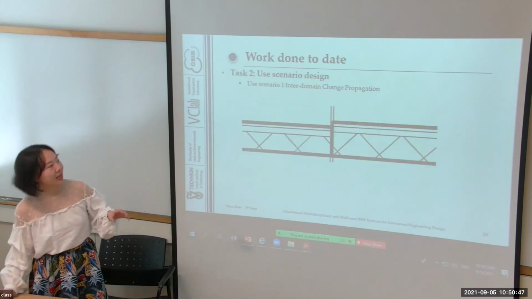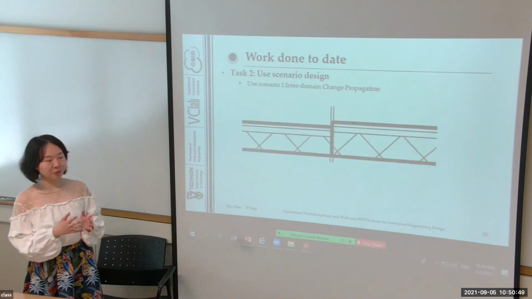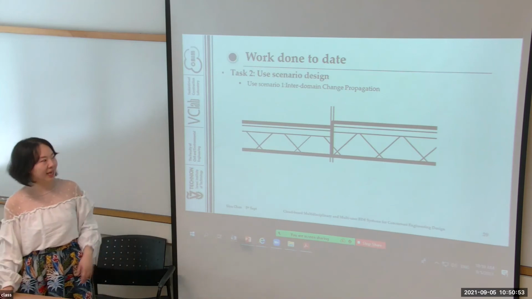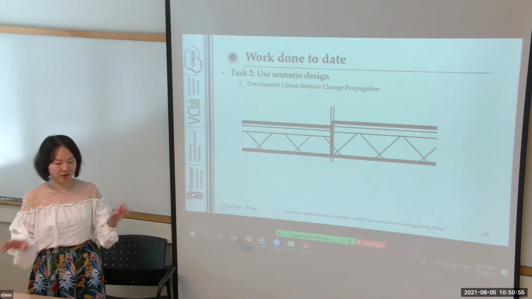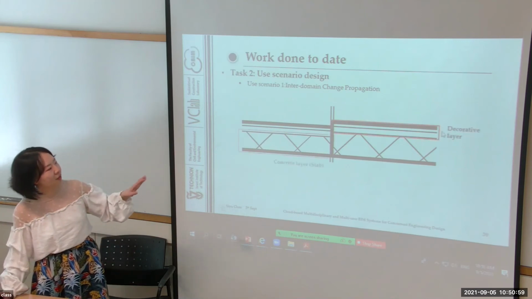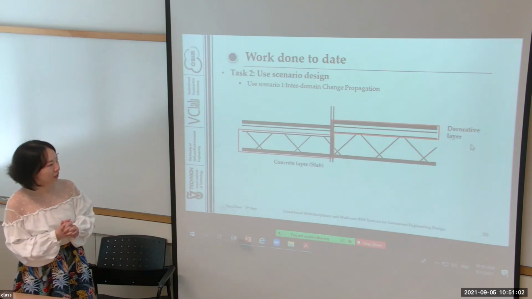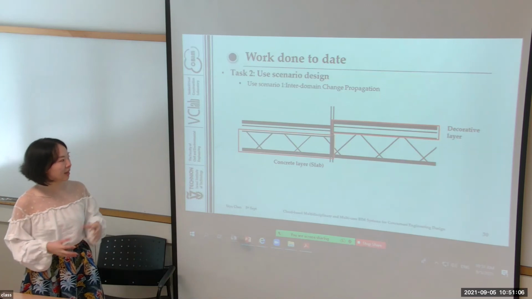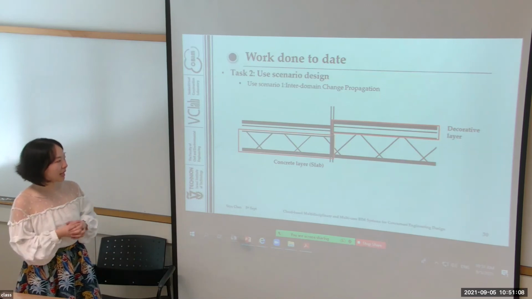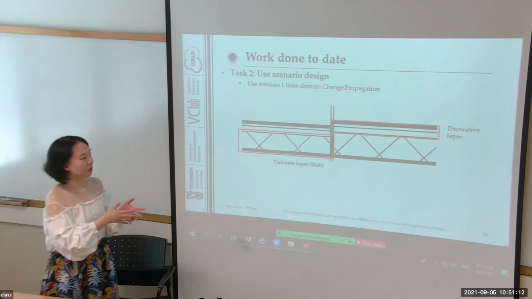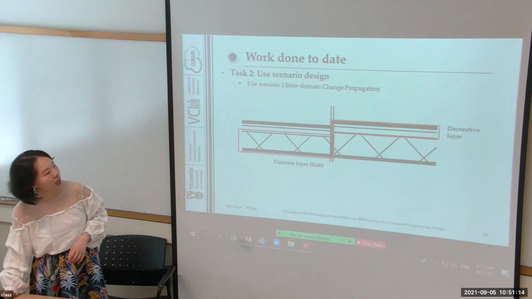But the system cannot decide the permutation of the floor layers, because it's more complicated than just splitting the floor. Basically, here we have two layers of the floor. The top one is the decorative layer, and the bottom one is the concrete layer. The concrete layer is also known as the slab in the structure model.